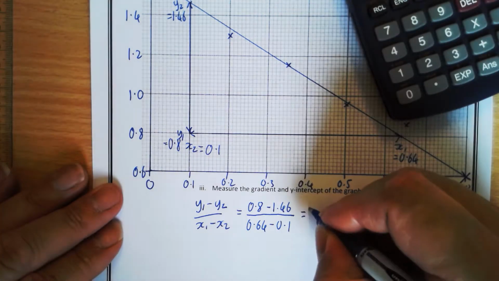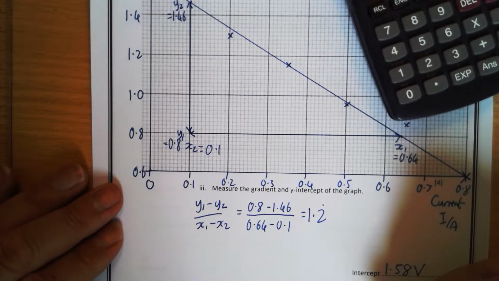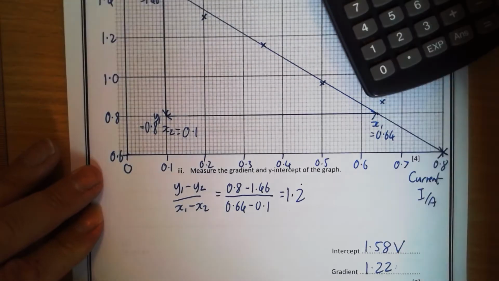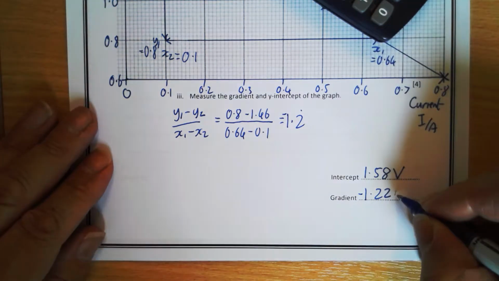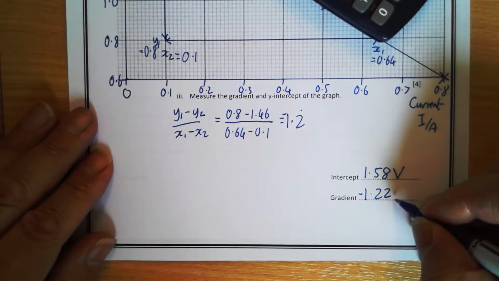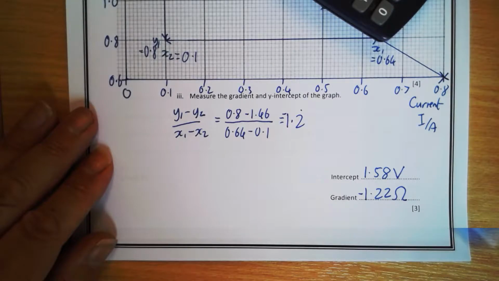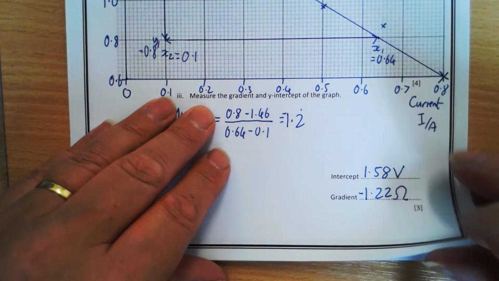So I'm just going to write that there. So the gradient, well, it's going to be about 1.22, and here's where we've got to think carefully. It's minus 1.2, of course, so it's minus 1.22. And those of you in the know would know that that's actually going to give you internal resistance, but I'm going to put ohms in there just to be clever, because I reckon it's probably going to come up.